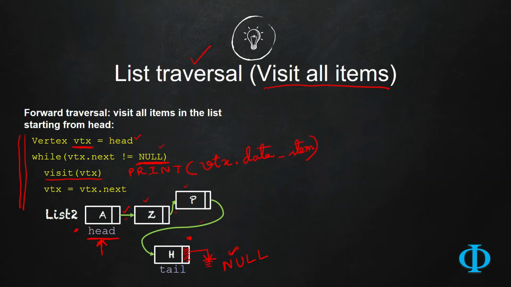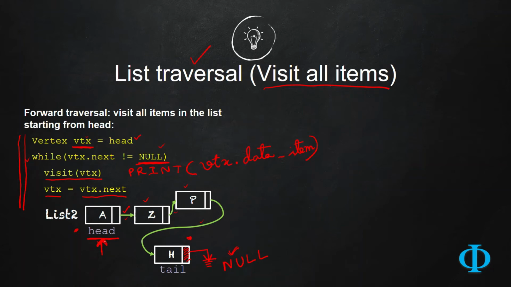Something like that. After visiting, at the end of each iteration of the while loop, I have used VTX equals VTX dot next. That means I am moving the temporary VTX pointer one vertex, or one element, ahead.